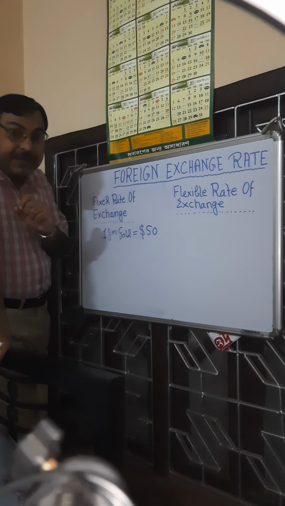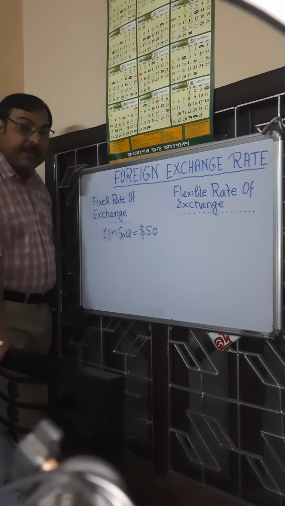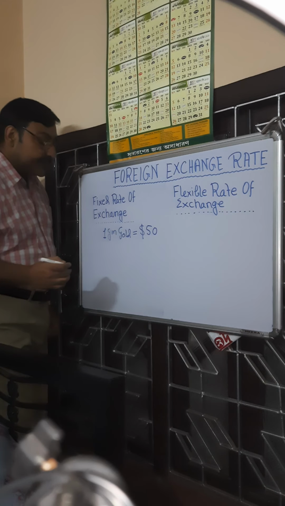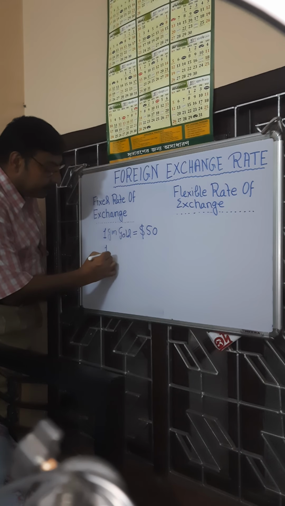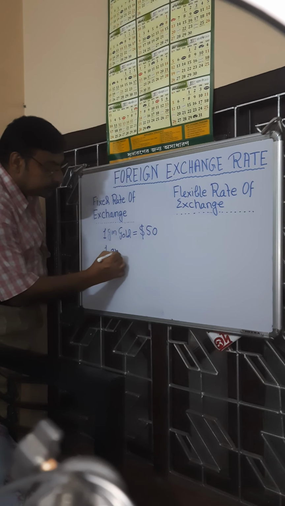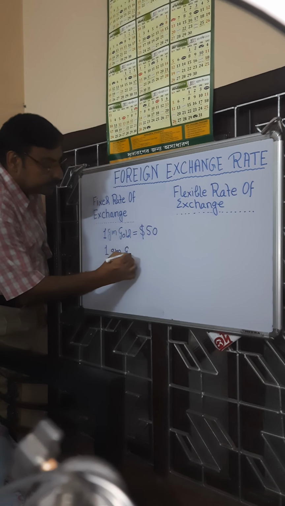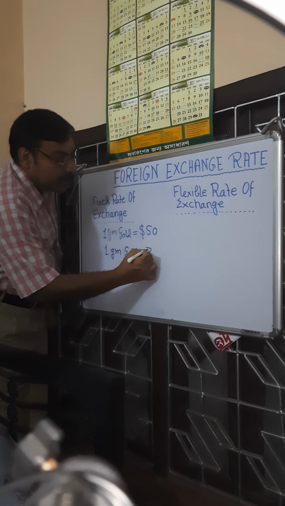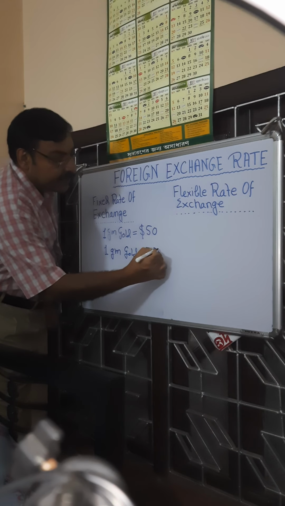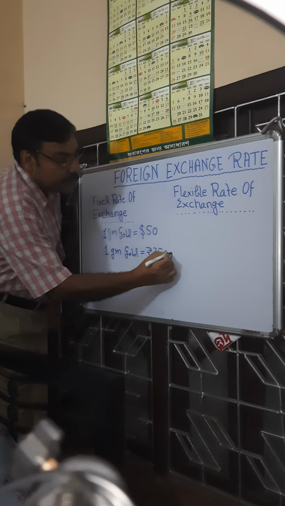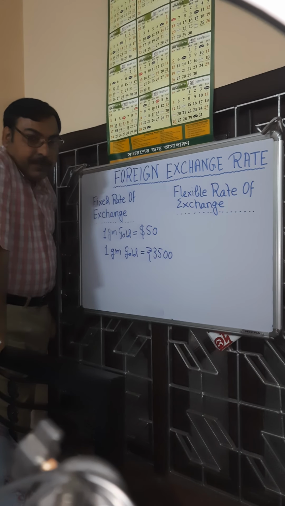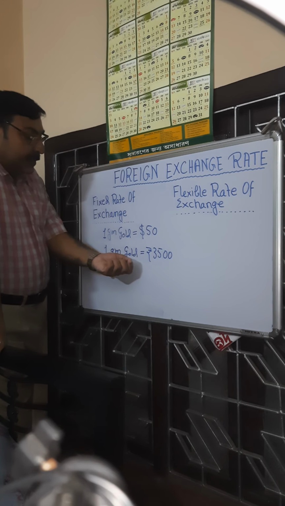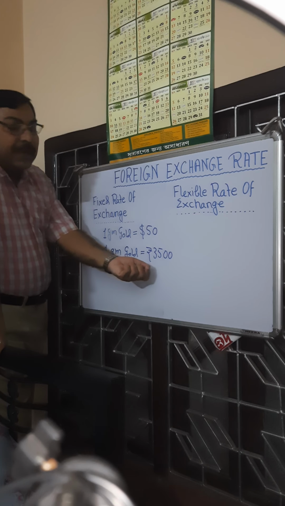Now what is happening in India? Indian currency is rupee. We do observe that 1 gram gold is equal to rupees 3500. This is the price of gold in terms of rupees.